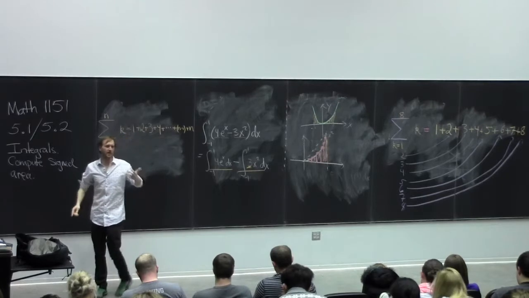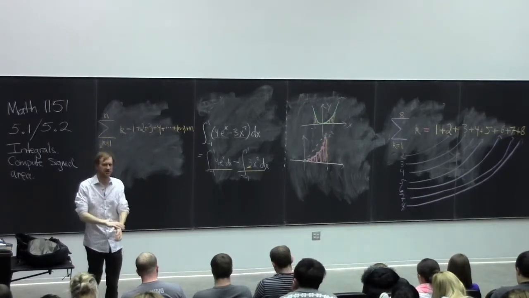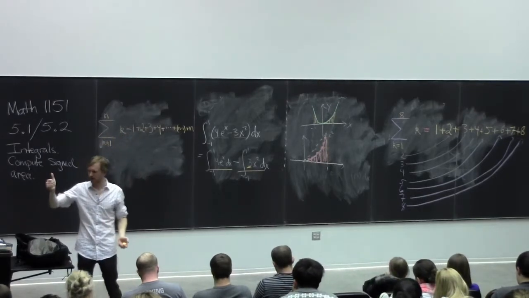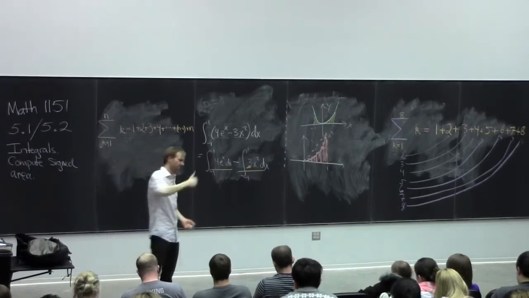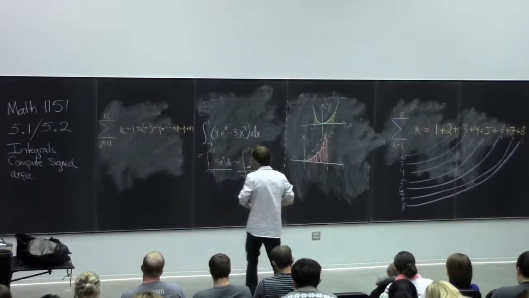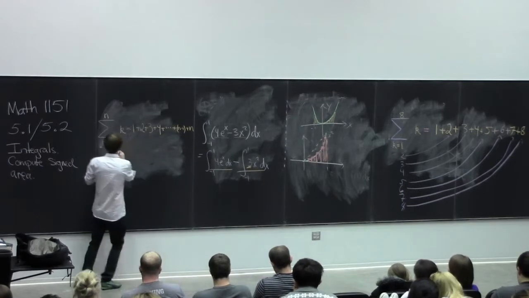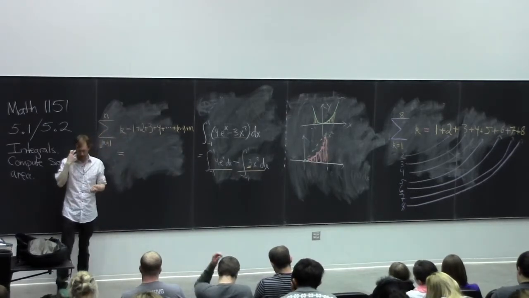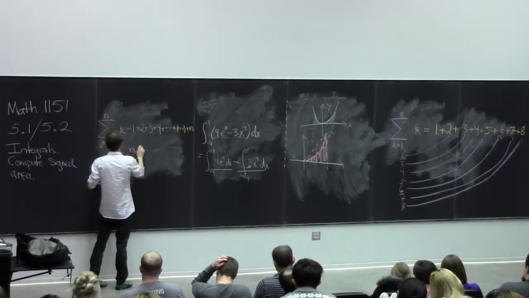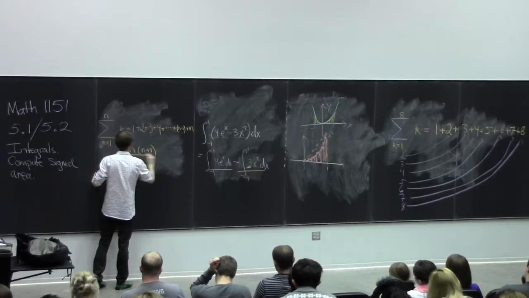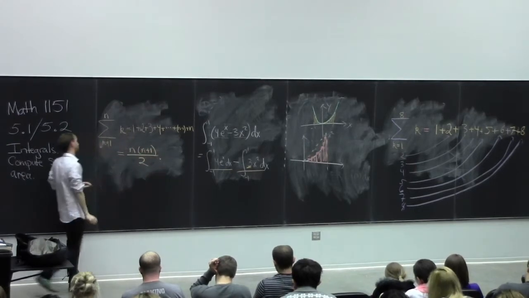We go all the way to n. N's some fixed number. It's like 16. We just add 1 plus 2 plus 3 plus 4 plus 5 all the way to plus 16, whatever. This is equal to, this is a formula, okay? n times n plus 1 over 2.